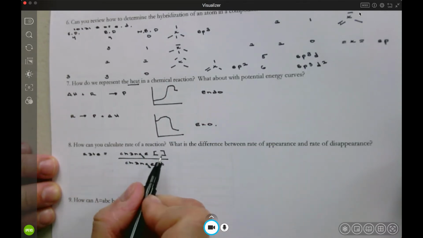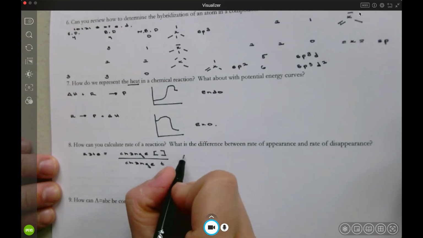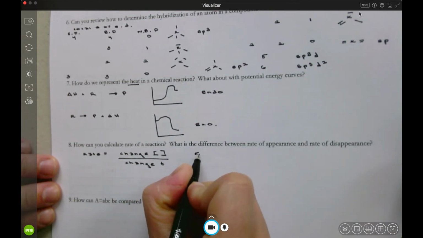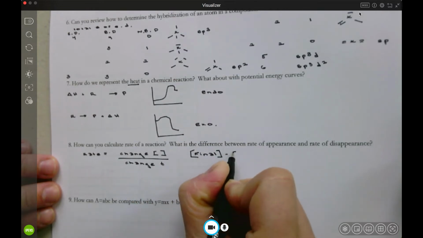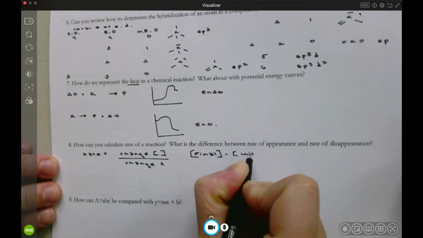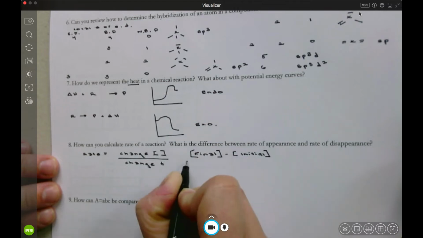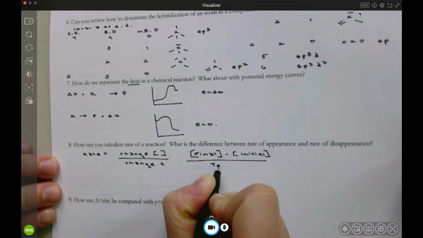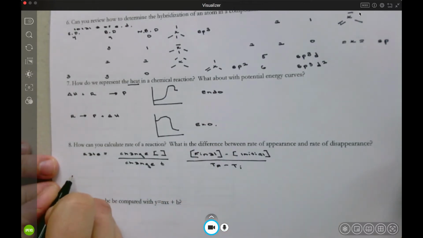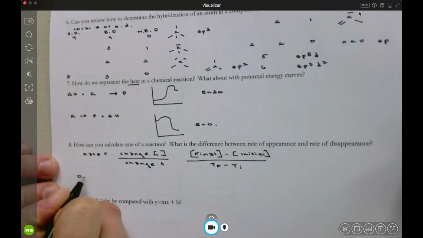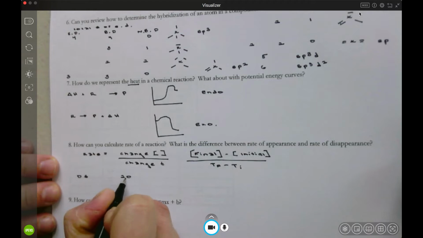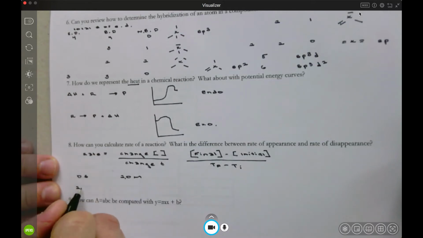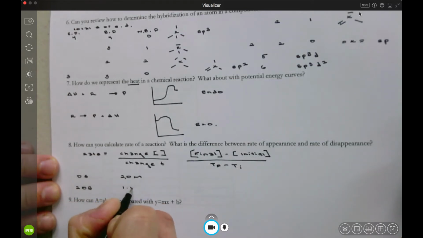For change in concentration, you take your final concentration and from it subtract your initial. Same thing for your time: final minus initial. So let's say, for example, at time 0 seconds, I have a 2 molar solution, and then at 20 seconds, I have a 1 molar solution.